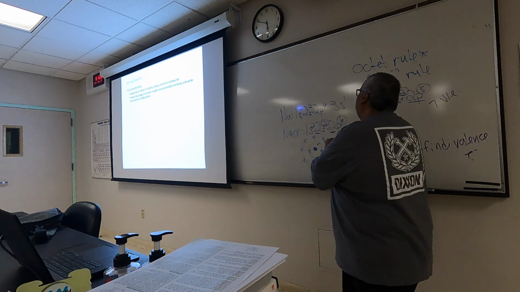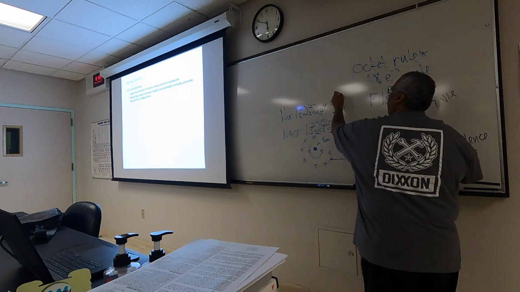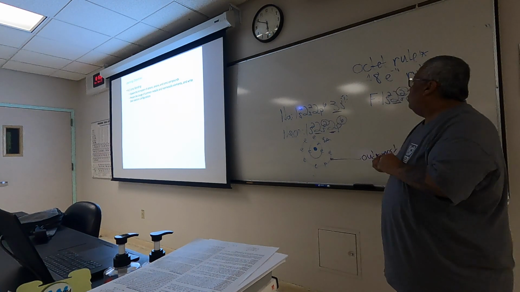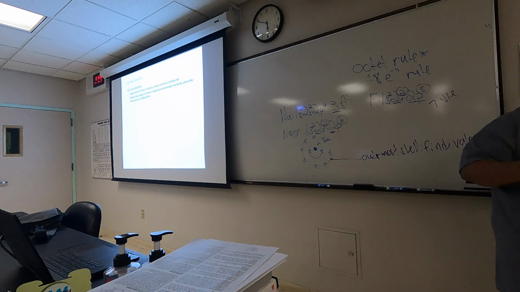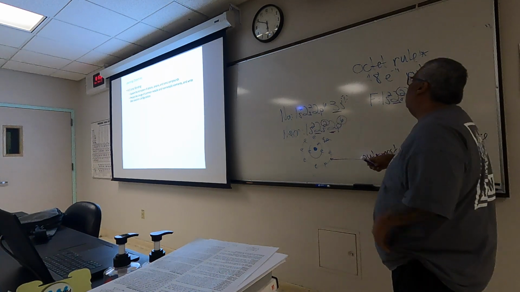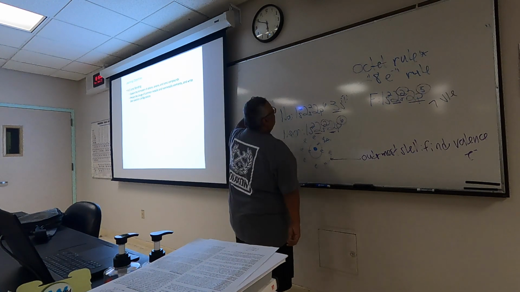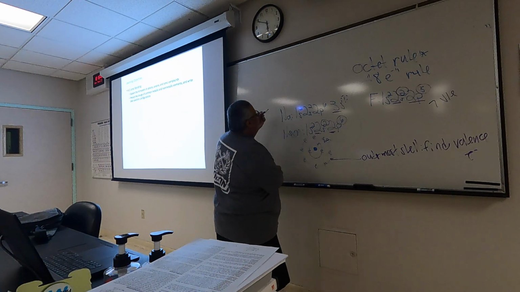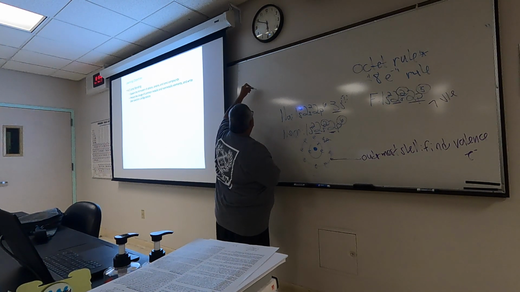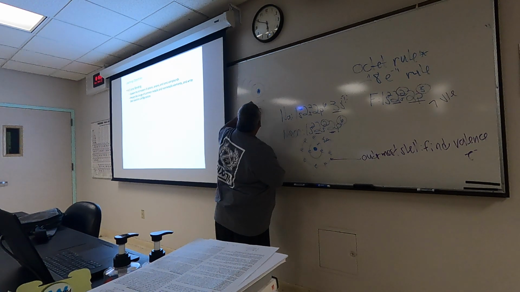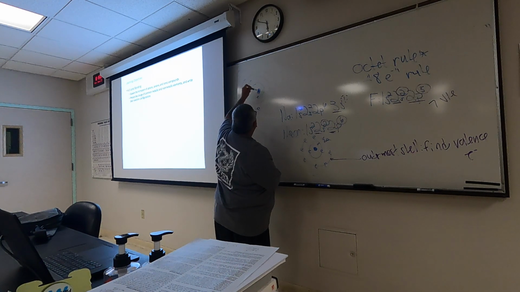Sodium is in group 1. Its highest energy level is 3, and we also notice that there's 1 valence electron. So these valence electrons are in what we call the outermost shell. So if we take a look at sodium and fluorine, here is sodium, 1, 2, 3, 4, 5, 6, 7, and 8.